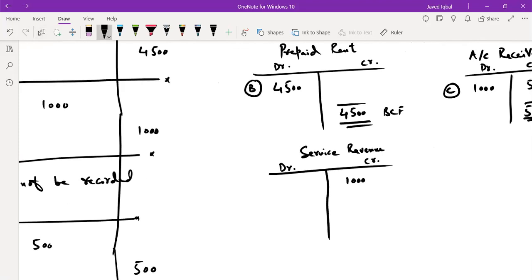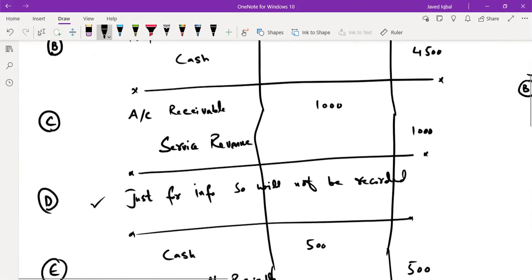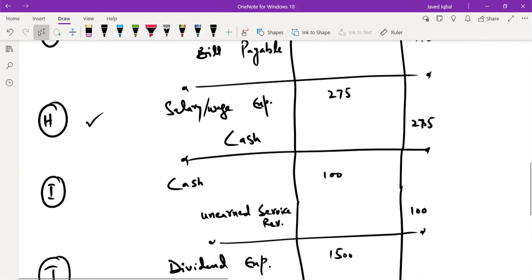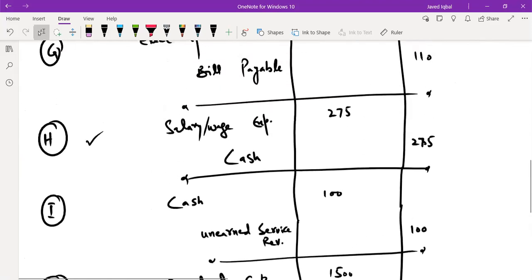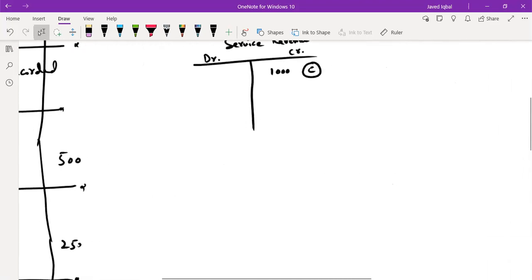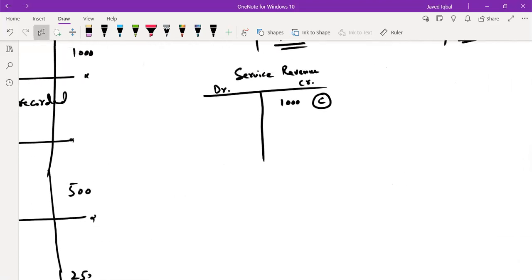It is the transaction C. Yep, C. Do we have service revenue in any other place? No, we don't. So this would mean service revenue's balance would be coming up on left side, double underlined.